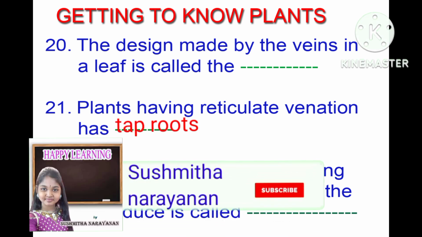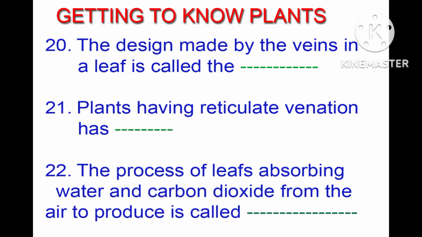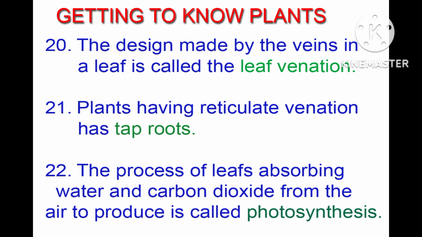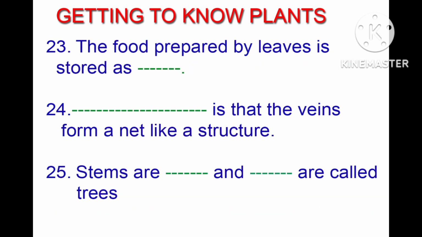The process of leaves absorbing water and carbon dioxide from air to produce food is called photosynthesis. 23rd. The food prepared by leaves is stored as dash. The answer is starch. 24th question.